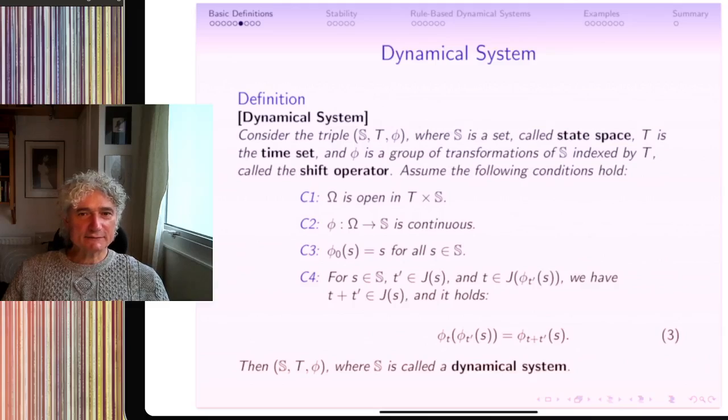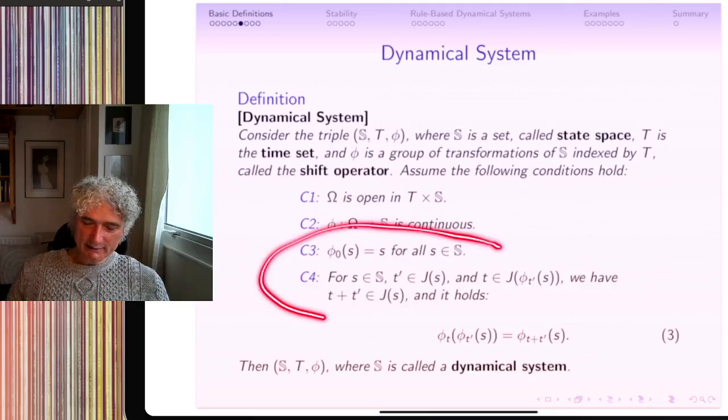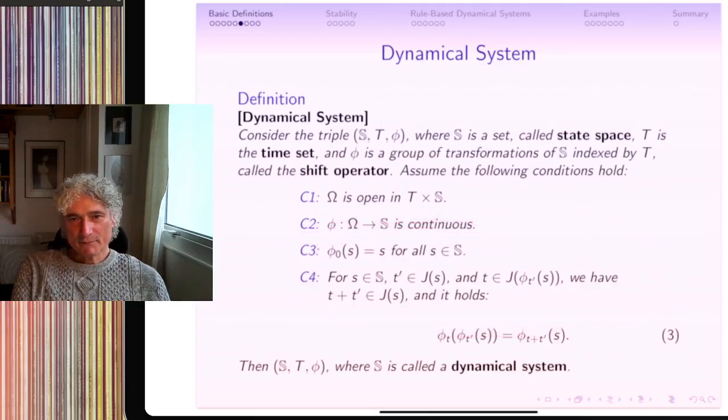But now C4 is the most important condition here, which we have to understand. So let's just read it first.